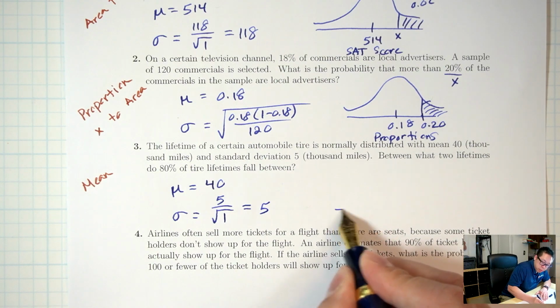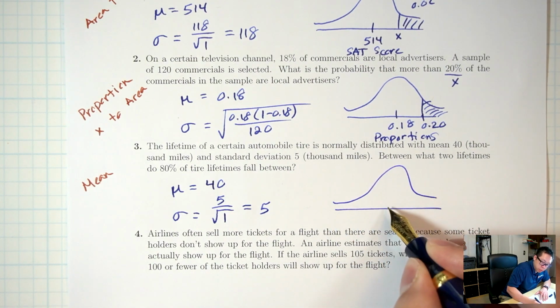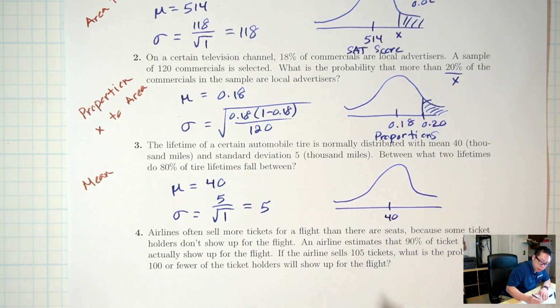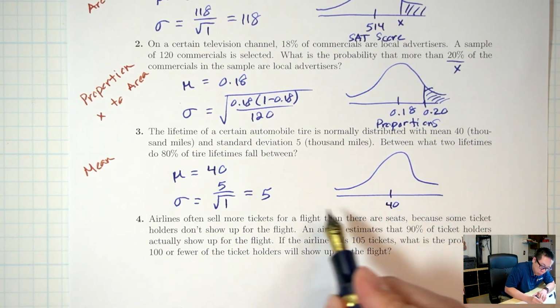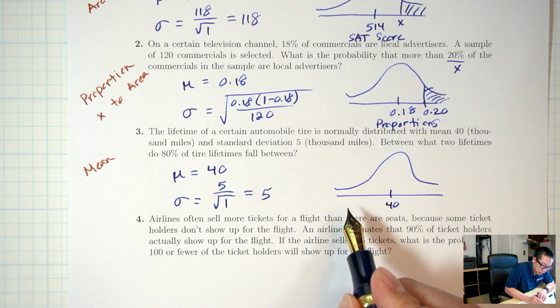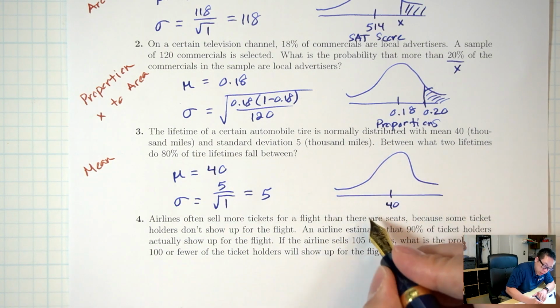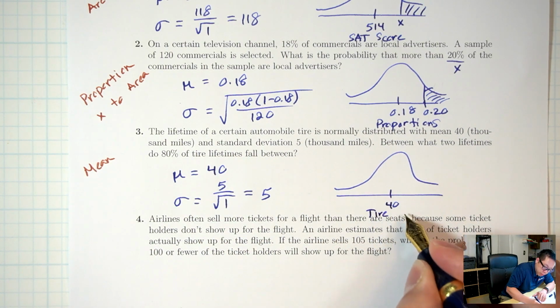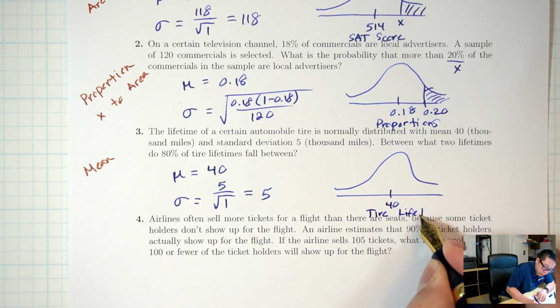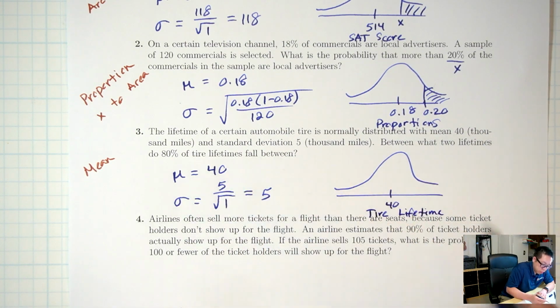Draw my picture. Put the mean in the middle, that's 40. And then to help me, this 40 was what? It was a lifetime, entire lifetime. Or just miles, right? Okay.